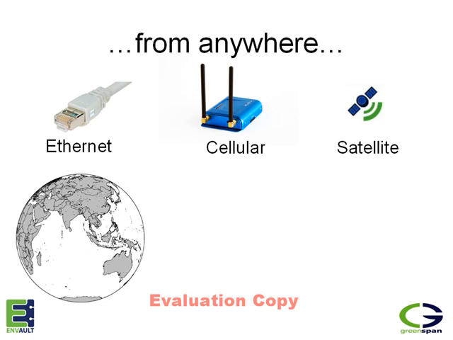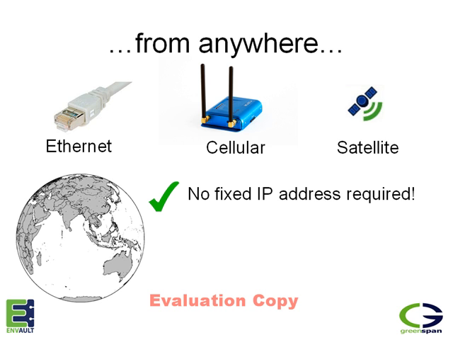So any location on the globe can be connected to ENVAULT, either through a hardwired Ethernet connection, a cellular type system, be it GPRS or 3G, or a packet-based satellite system. Some of the advantages of ENVAULT mean that we no longer need fixed IP addresses.